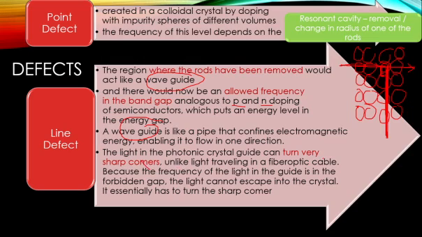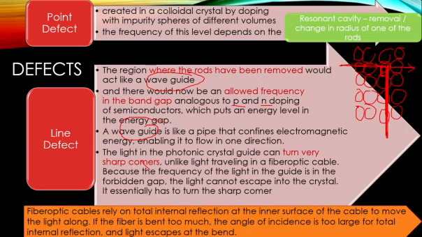In a fiber optic cable, the principle is total internal reflection. If the fiber is bent too much, the angle of incidence will not be sufficient for total internal reflection to happen, so there is a possibility that light might escape from the fiber optic cable. But in a photonic crystal, it cannot escape into the crystal. Why?